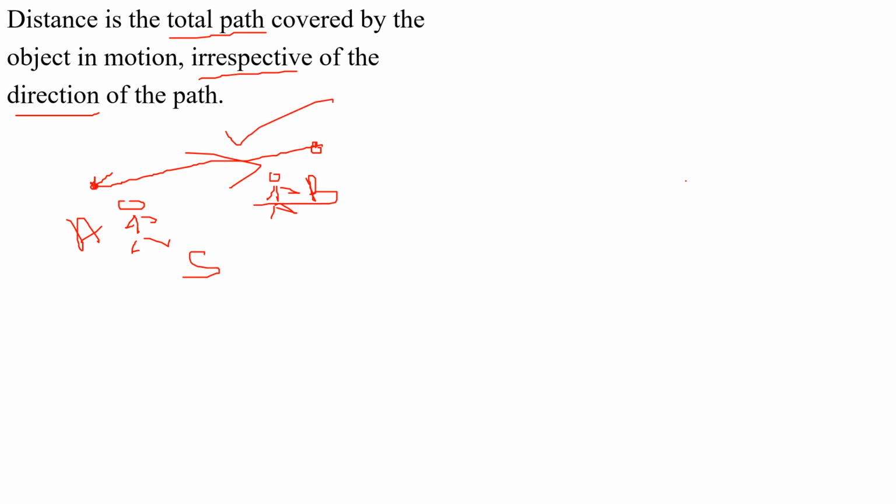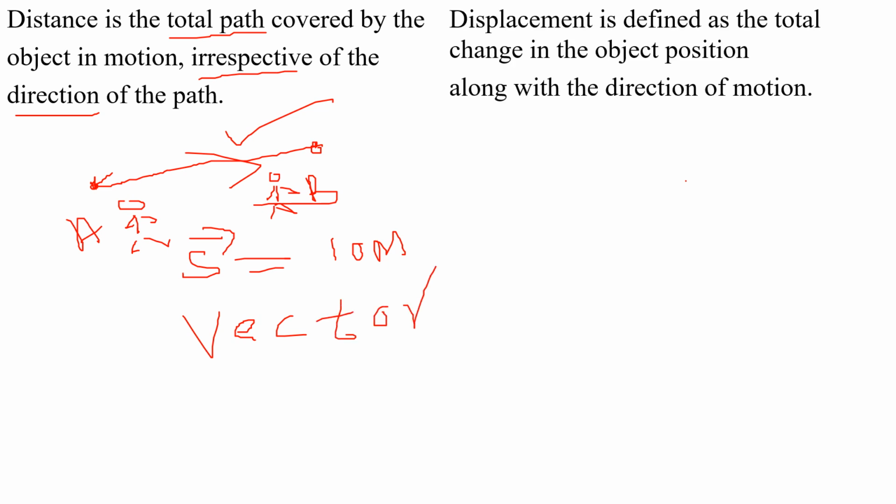Suppose the displacement S is equal to 10 meters. Previously while explaining distance I told 20 meters. Here I will put one arrow also. This arrow tells us that it is a particular direction. So it has both magnitude and direction. Therefore we call displacement a vector quantity.